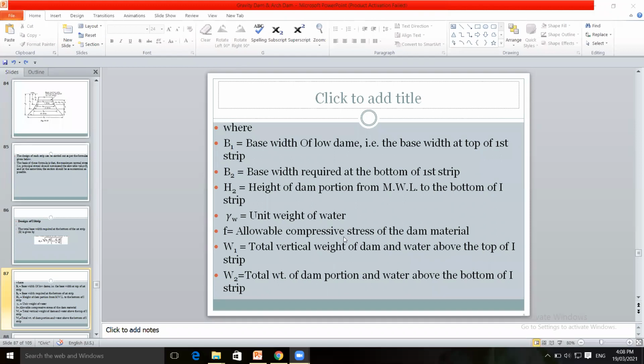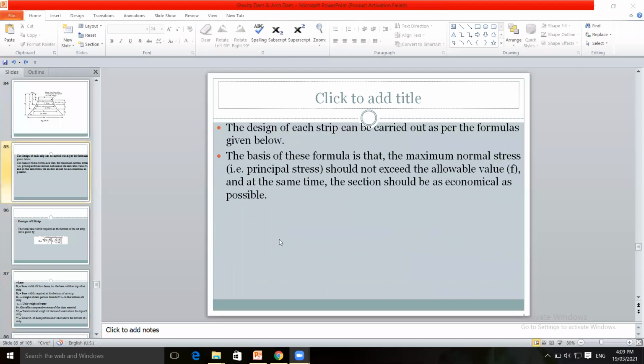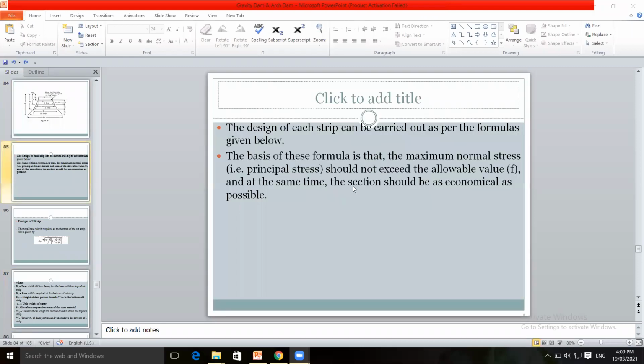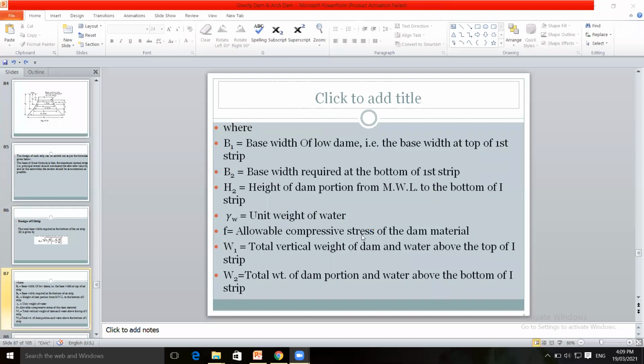W1 is the total vertical weight of the dam and water above the top of first strip, the self weight of the dam above this first strip.